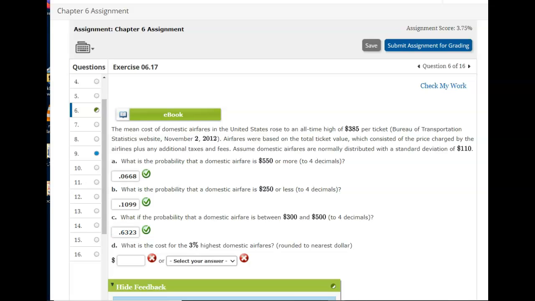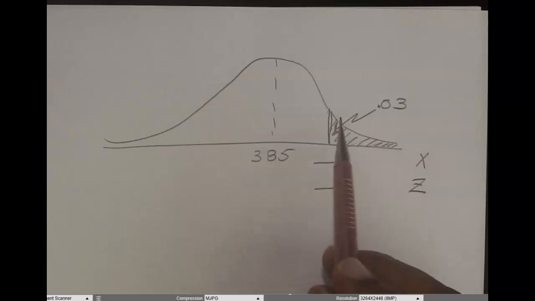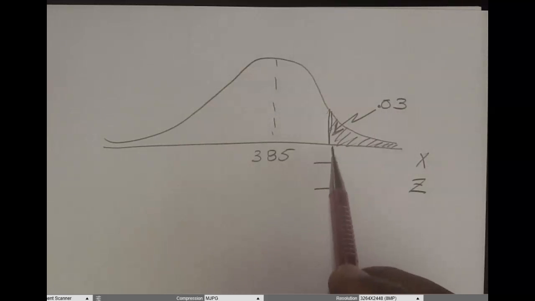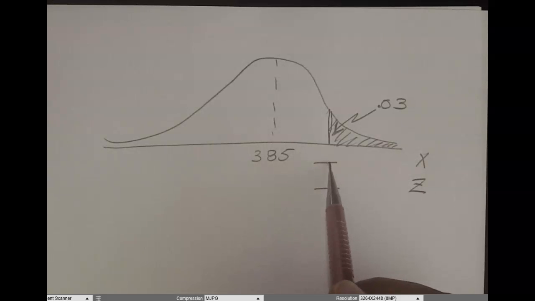The last part is to determine what is the cost of the 3% highest domestic airfares, rounded to the nearest dollar. In diagramming this part of the problem, we have a 0.03 probability of airfares falling above some x value, but that x value has some corresponding z value. So we want to find out what is this x value.